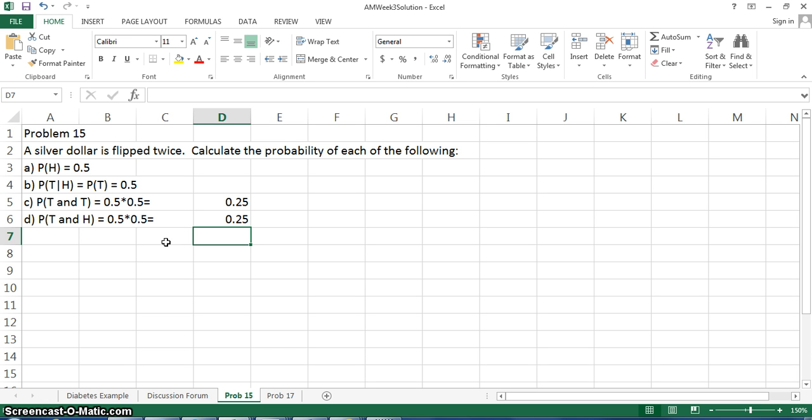Part E, what is the probability of a tail on the first and a head on the second, or a head on the first and a tail on the second? So we want the probability of getting a tail on the first flip and a head on the second, or the probability of a head on the first and a tail on the second.